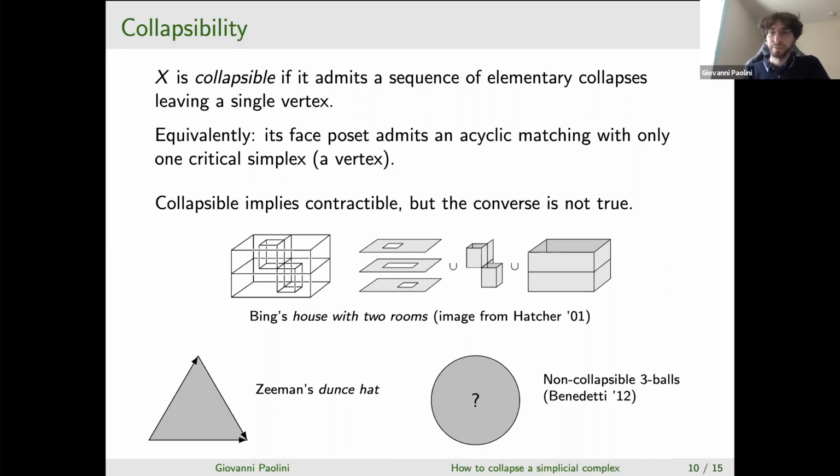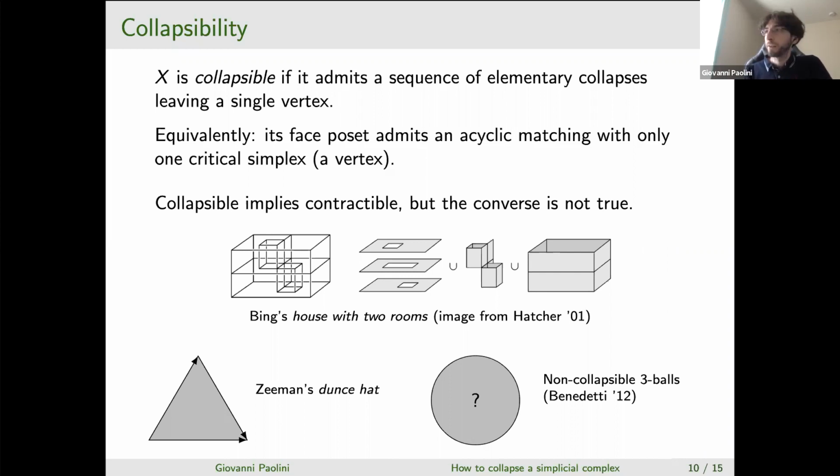And there are several more or less famous examples in the literature, such as Bing's house or the Dunce hat. These two examples, strictly speaking, are not simplicial complexes in these pictures, but you can imagine to triangulate them in any way you like to make them actual simplicial complexes.